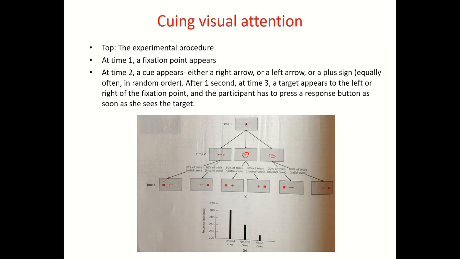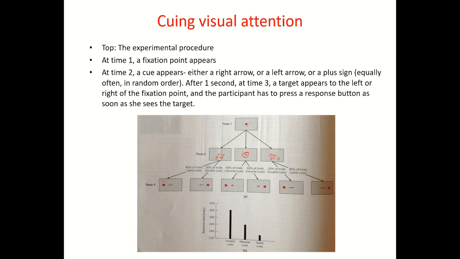And sometimes the subject was given an invalid cue, like the arrow appeared this way but the target appeared here. So in 20% of trials they used an invalid cue. Here the arrow appeared in 20% of cases that way, but the target appeared here.